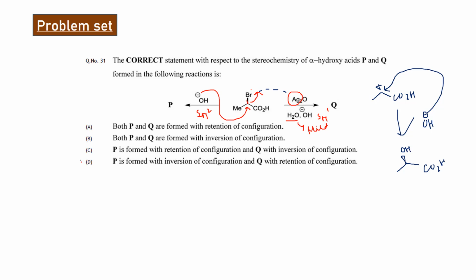The correct option is option D. P will be inversion of configuration, whereas Q will be a retention of configuration.